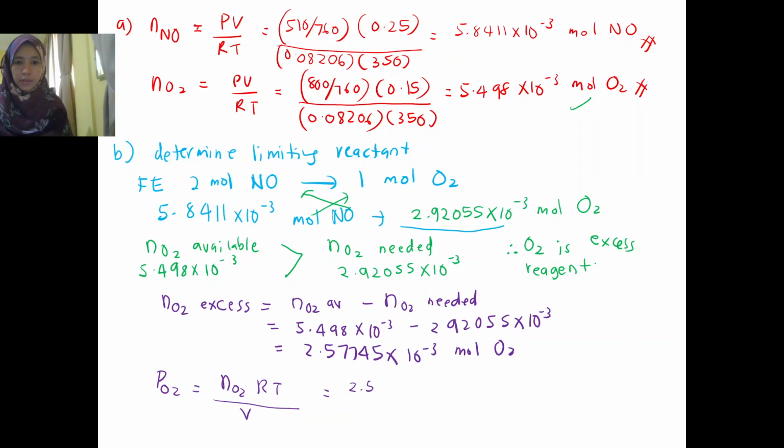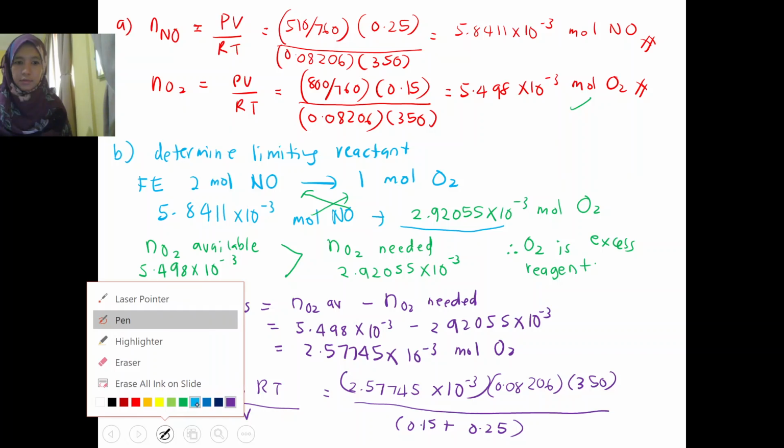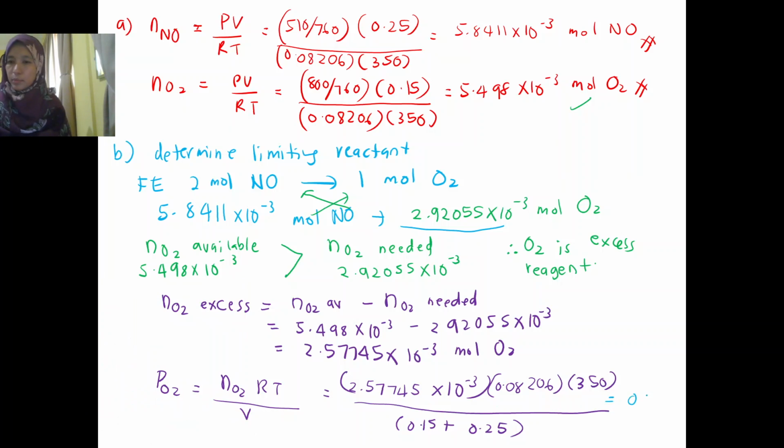So 2.57745 exponent negative 3 times gas constant 0.08206 times temperature 350, okay, divide by volume. So volume is 0.15 plus 0.25. Okay, so we have the answer 0.185 atm.